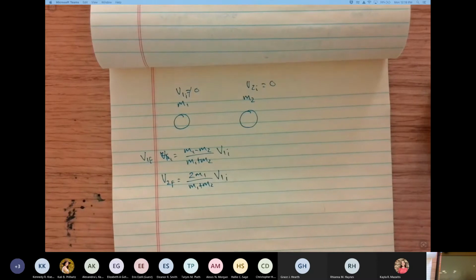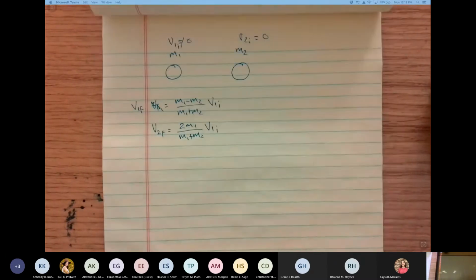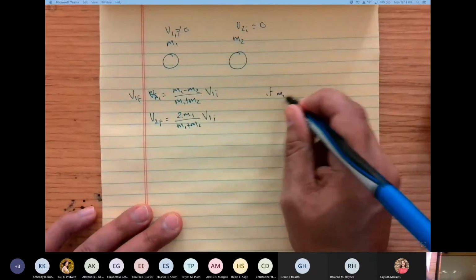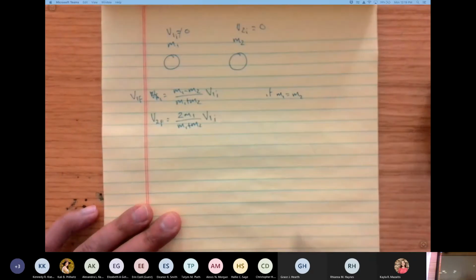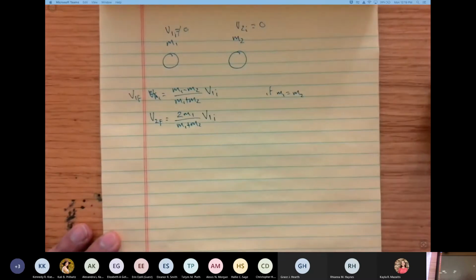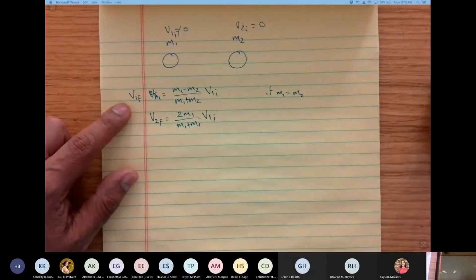Okay, so imagine that you have two objects that have the same mass. If the two objects have the same mass, then look at what happened to the velocity of the first ball.